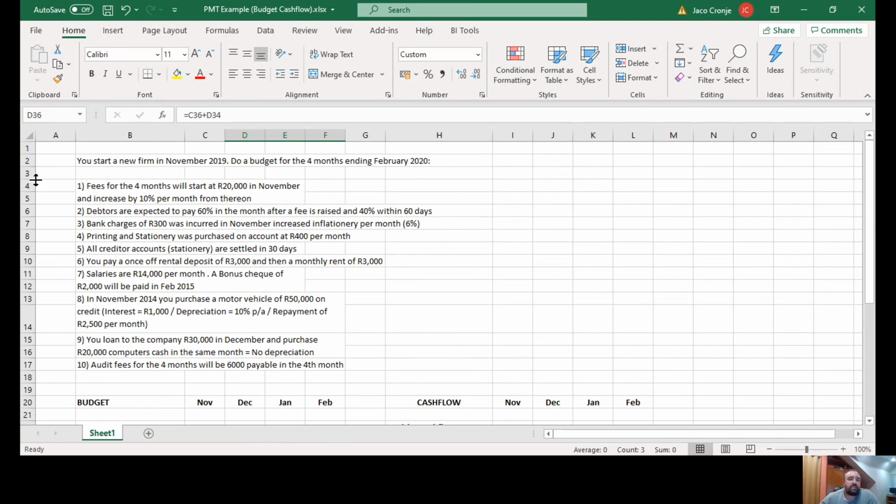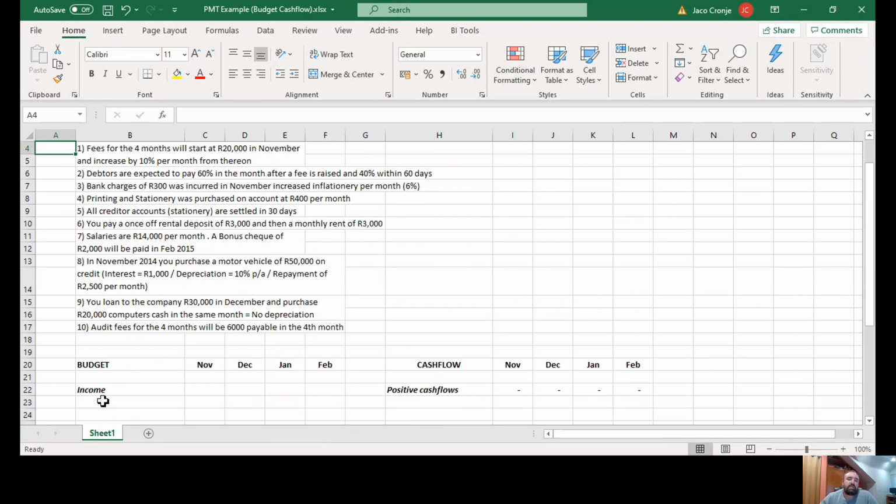So let's start off. It says fees for the 4 months will start at 20,000 Rand in November and increase by 10% per month from there on. So now you've got to ask yourself the question, is this telling me something about budget, about the cash flow? Could it affect both, or could it affect none of them? So let's first start.